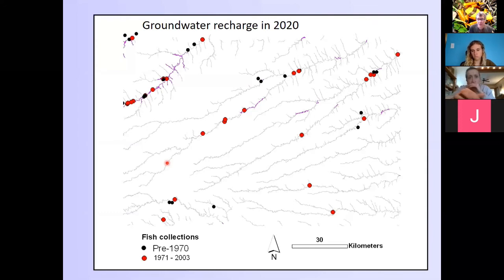This is a threshold in an alternative stable state for two reasons. One, it takes thousands of years to refill the aquifer underneath this all. So even if we immediately stopped pumping water out, it would take thousands of years for that to come back. It takes even more than thousands of years for new species of fishes to evolve.